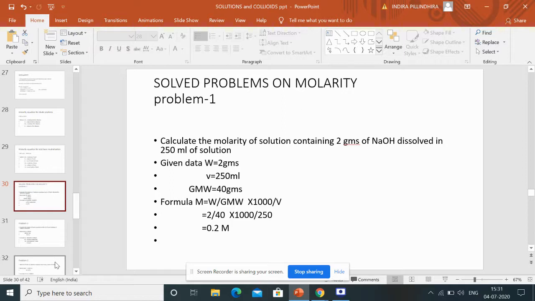But out of four factors, they will give three factors and you are asked to find out the fourth one. Suppose the weight, GMW, volume is given, then you need to find out the molarity. Or molarity, weight, and GMW is given, then you need to find out the volume. Likewise. So the only thing that we have to remember is that the formula is the same, very simple formula, but there are four factors.